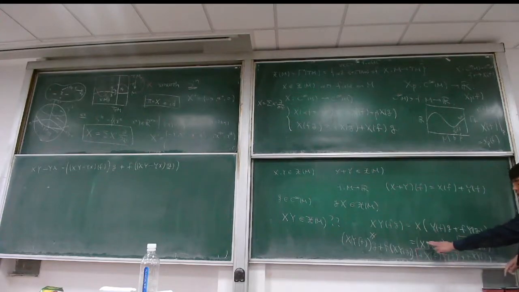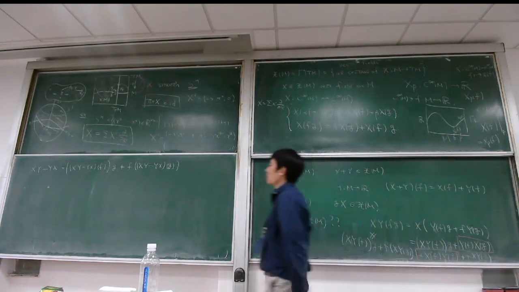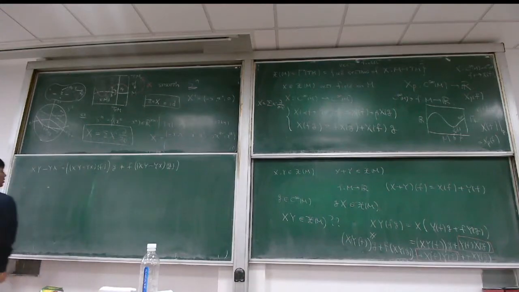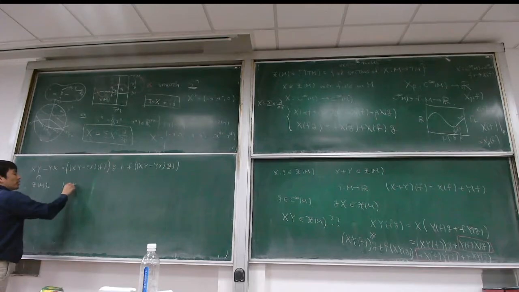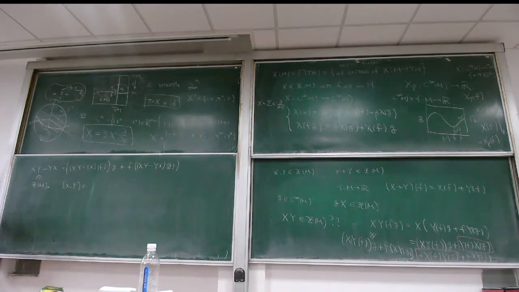What's left is this one minus the swapped order, and this one minus the swapped order. Okay? The order is exchanged. So they satisfy the vector field property. Okay? So this is an element inside the vector fields. Then people just write this as the commutator of X and Y. You understand?